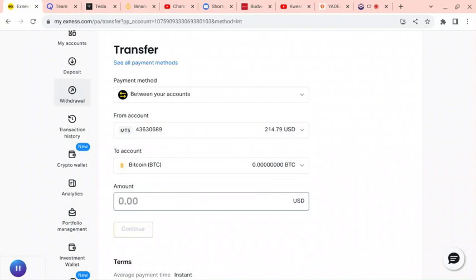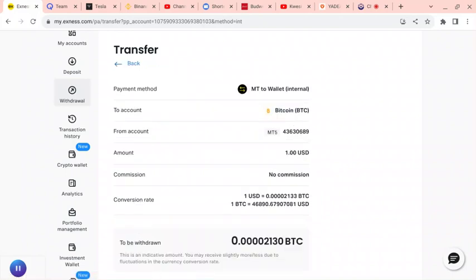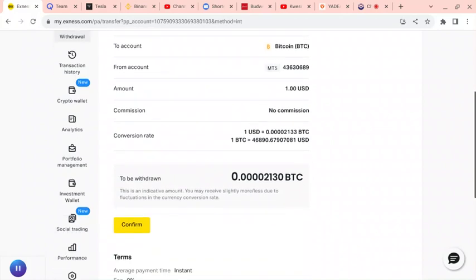Let me use one pair for example. I've written it. The amount of USDT I'm transferring is 1, and the conversion rate is 1 USD is equal to 0.00000. So if I click on continue, I'll be having 0.000021230 BTC.